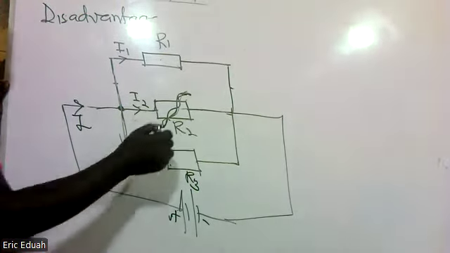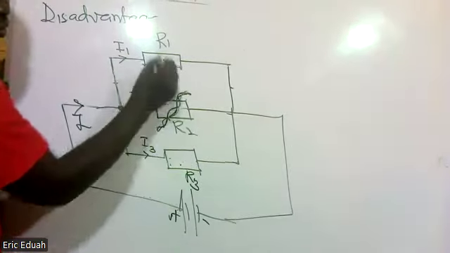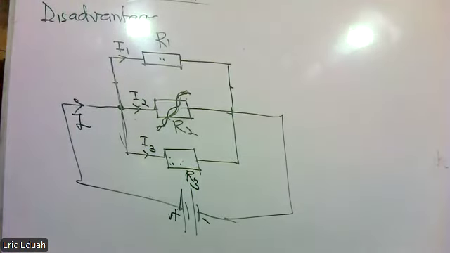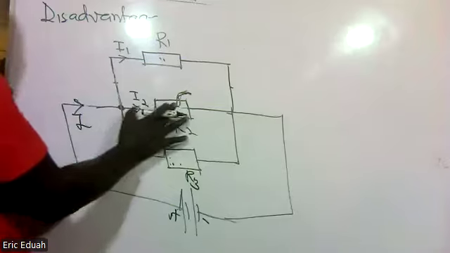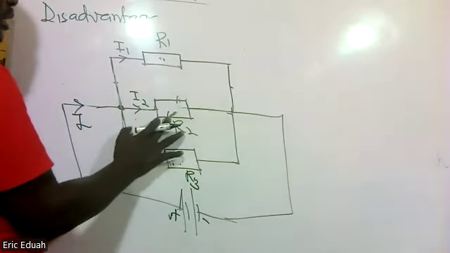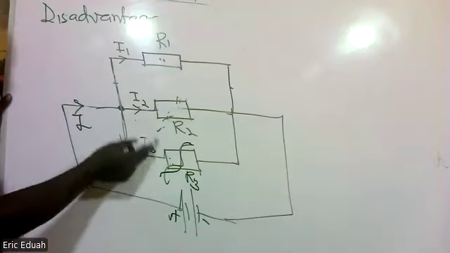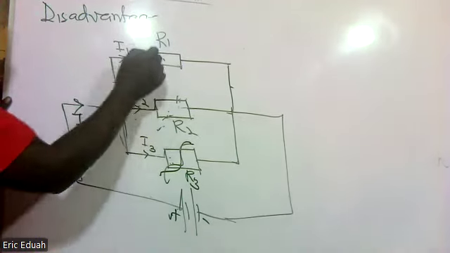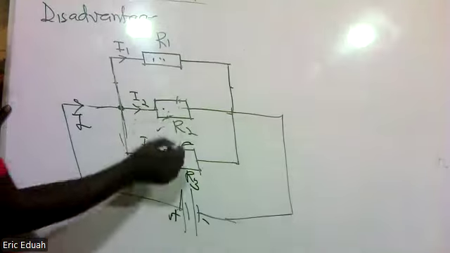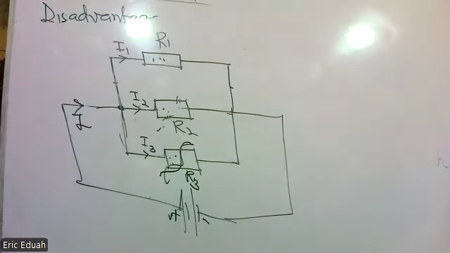So it will not affect these two. Equally, when there's a fault in this one, it will also not affect the workability of R1 and R2. It will only eliminate this one.